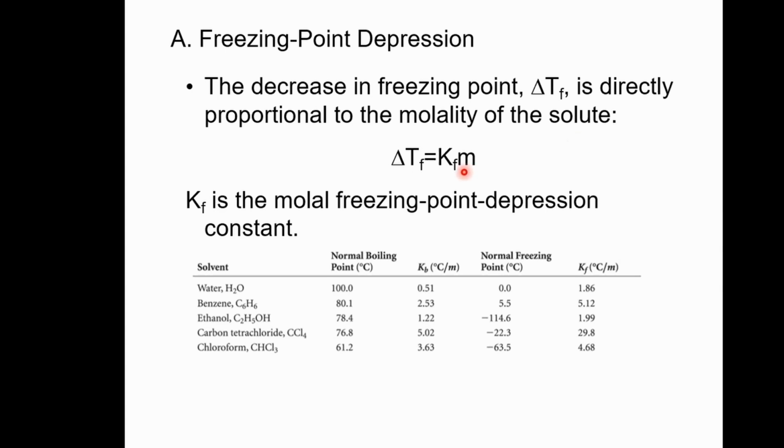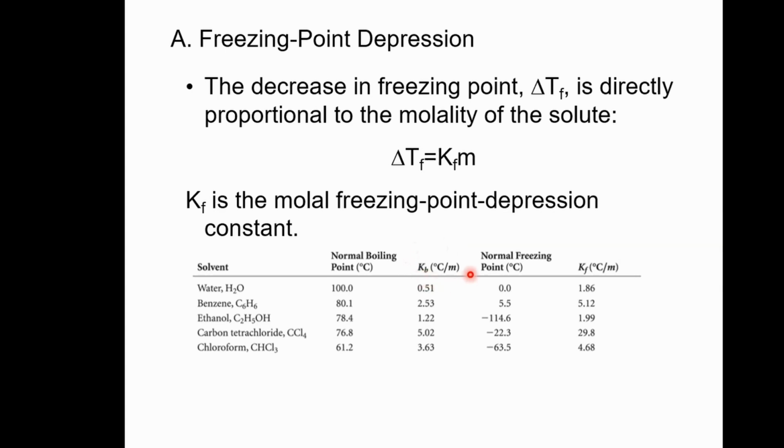So if we know the concentration of the solute, with our new concept here called molality, moles of solute per kilogram of solvent, and K sub S is a constant, and it's different for different solvents. So here for water, it's 0.51 degrees per molal.